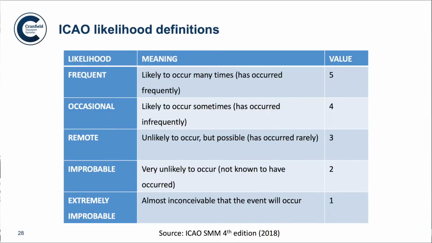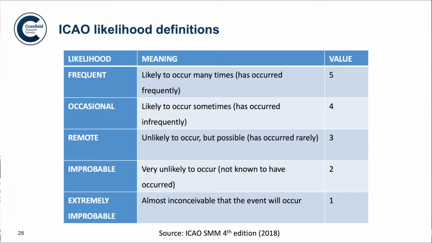In the ICAO guidance from the Safety Management Manual, 4th edition, they do provide some definitions of the likelihood. And as I said earlier on, the likelihood or the probability when it comes to risk assessment is usually harder to define and quantify than the severity.